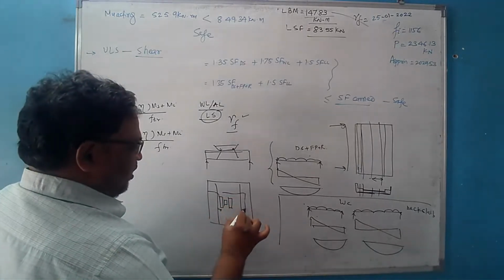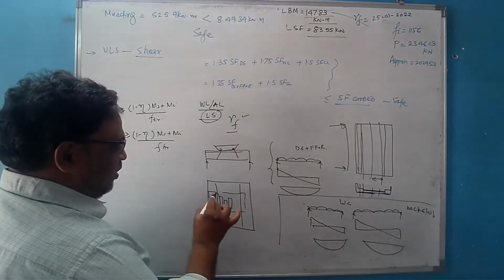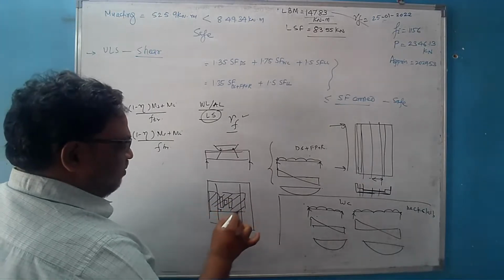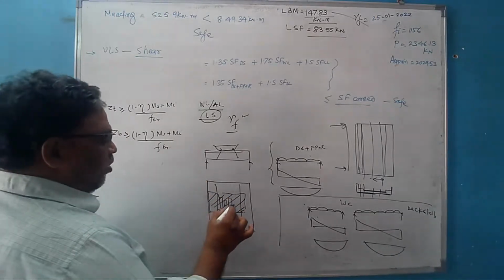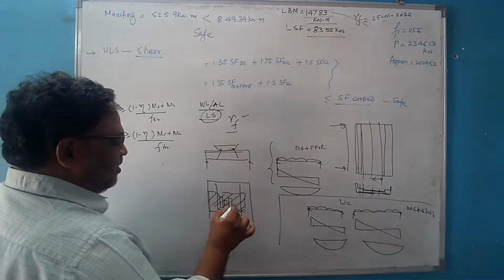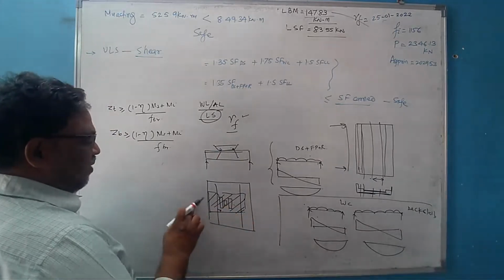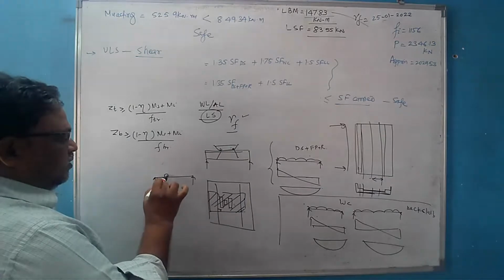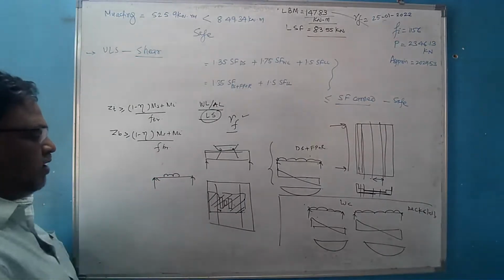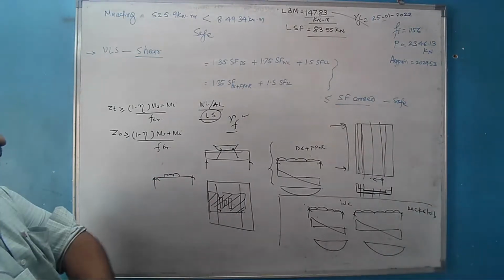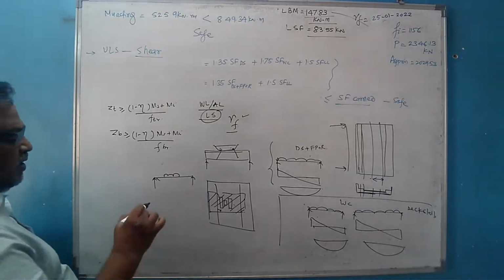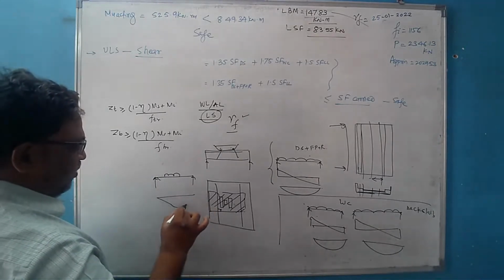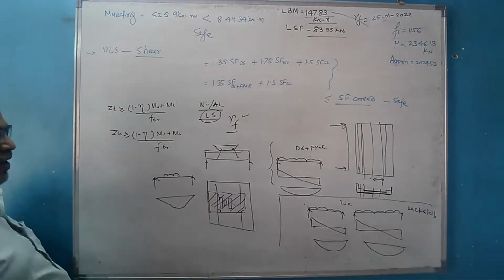This patch was determined on which the effect of this load will be for maximum bending moment. Then accordingly this load divided by this area, we determined the intensity of the load, and to account for the dynamic effect, the impact factor was also considered, and then the bending moment was determined. We have all these values available.